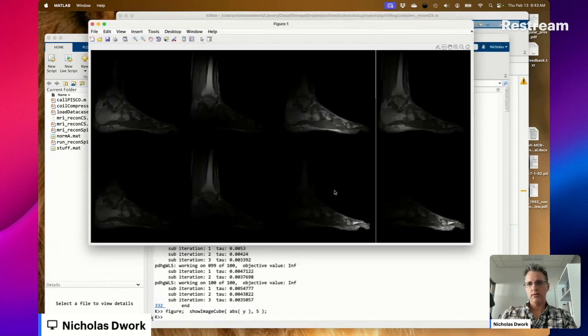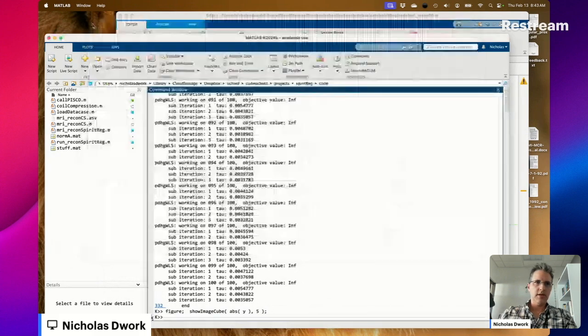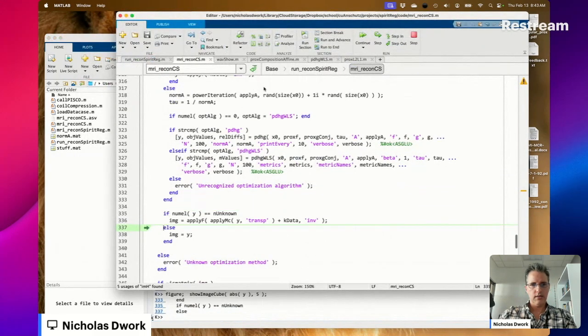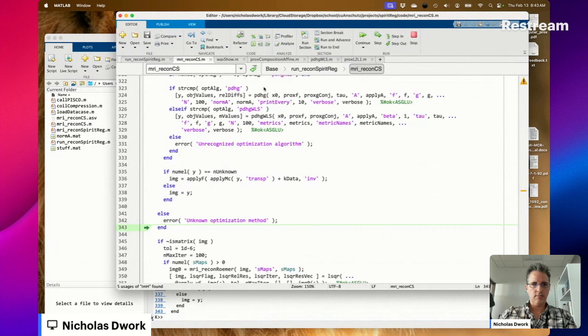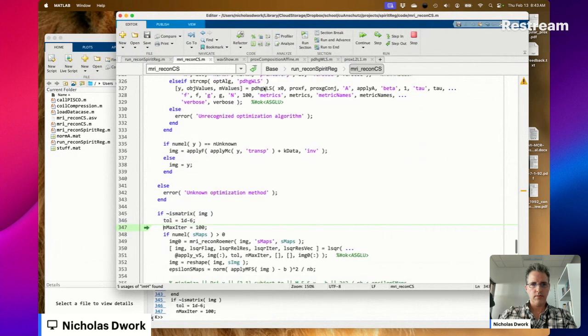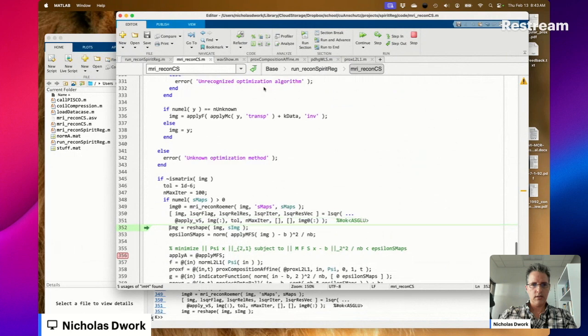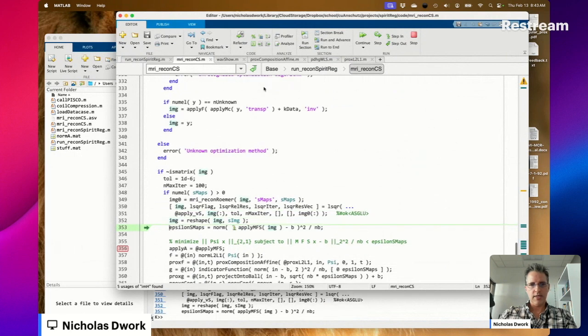Okay. Those look like images to me. It's amazing how fast that works.